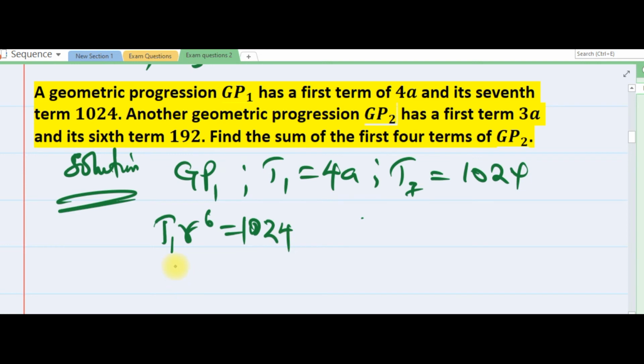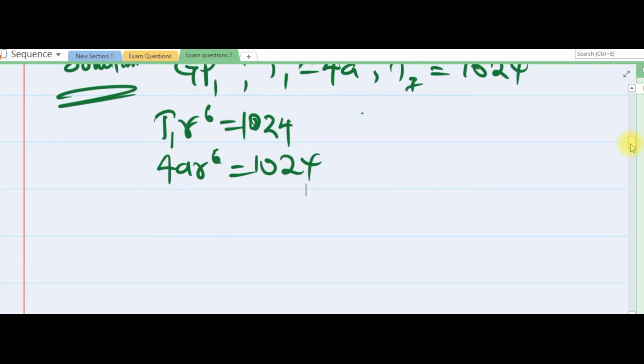And T1 is 4a. So I have 4a r raised to power 6 equals 1024. I think 4 can go, so dividing both sides by 4, we'll have a r raised to power 6 equals 256. So that's what we have. Let's call it equation 1.